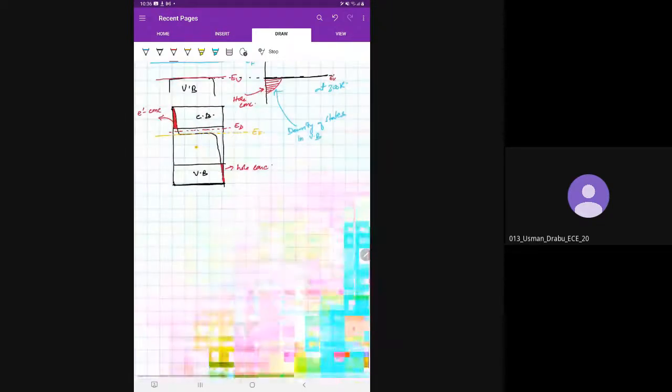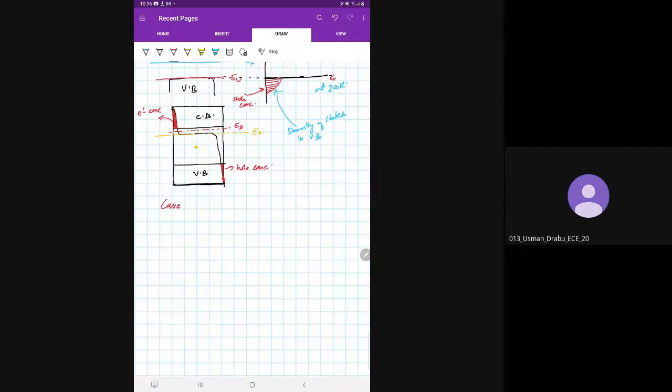The third case, case 3, would be when temperature increases beyond 300 Kelvin.